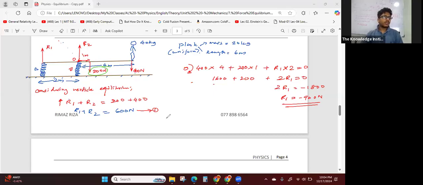So therefore, R1 is actually acting downward.